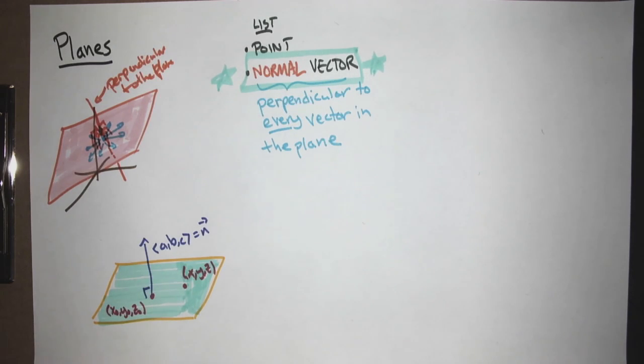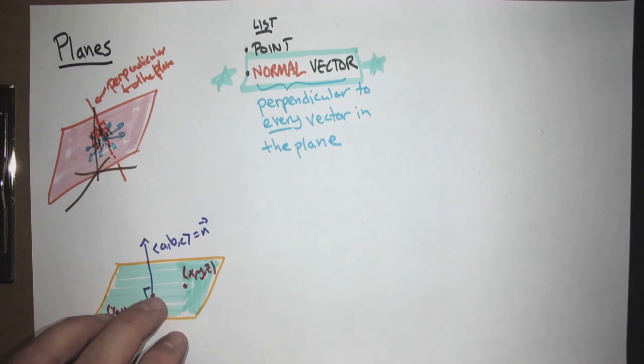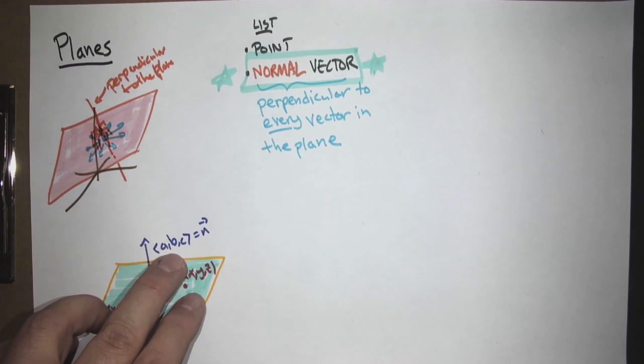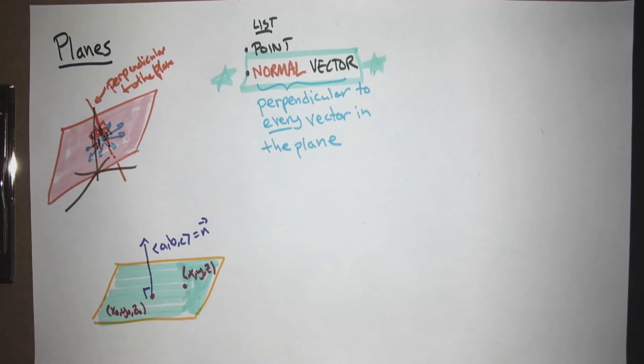Well, how do we translate that and use that to find a formula? So here's a plane. My x naught, y naught, z naught, that's a point on my plane. And then I put my normal vector coming out. That's perpendicular to my plane, and it has entries A, B, C. And now, x, y, z is an arbitrary point in the plane.